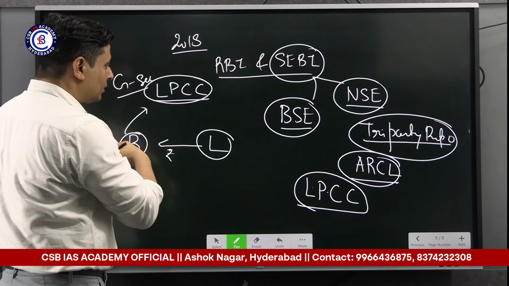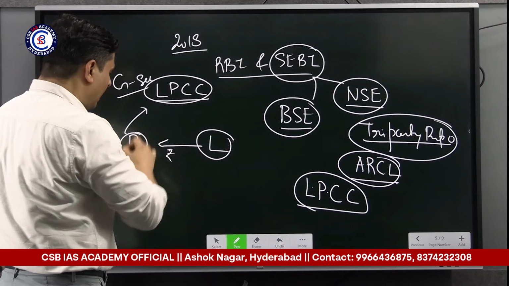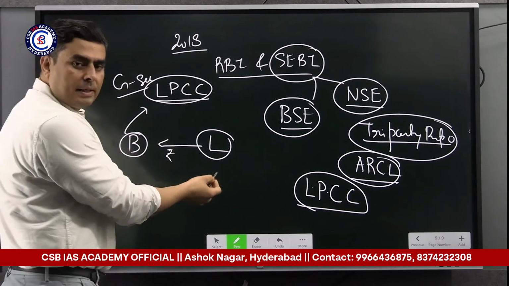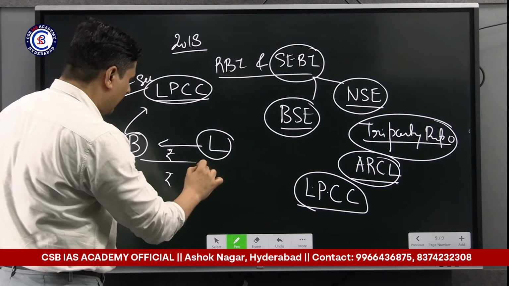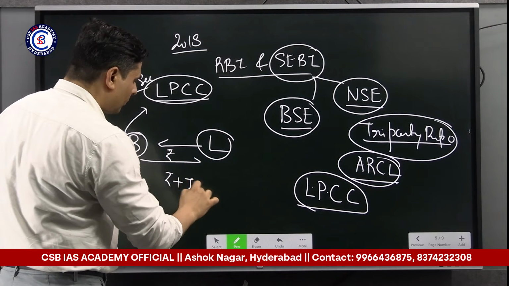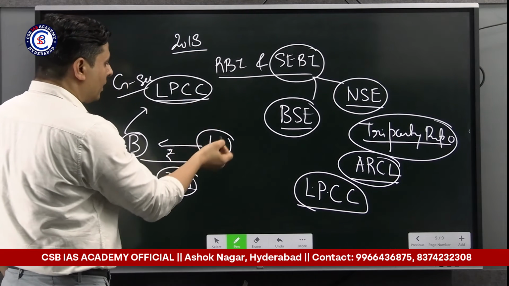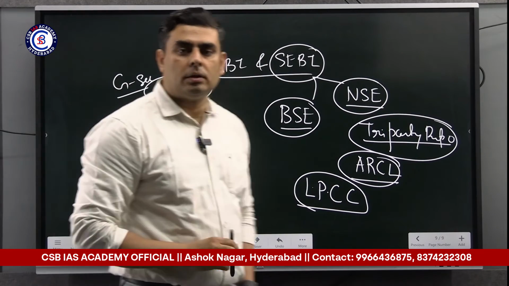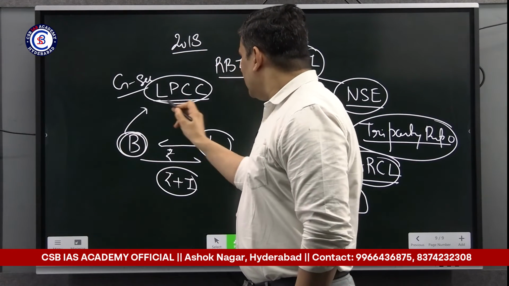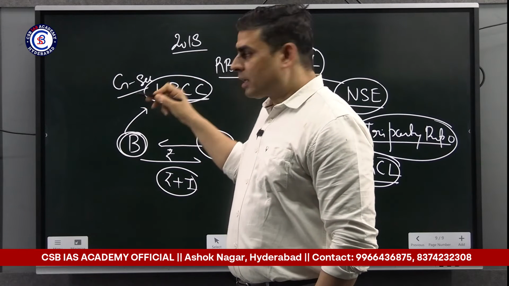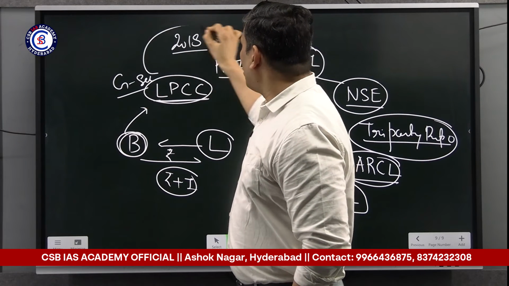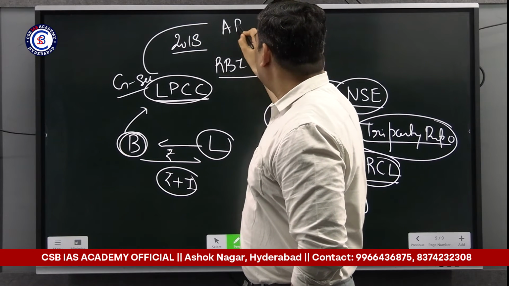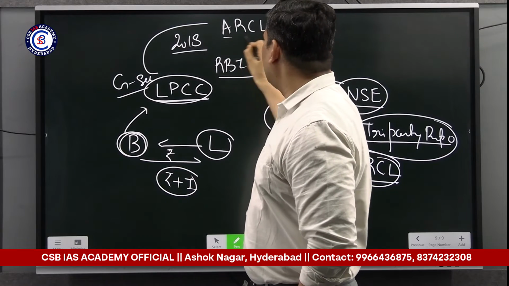And once the term is completed, LPCC will direct the borrower to repay the money with interest. Then this government security will return to the borrower. And this limited purpose clearing corporation is called ARCL.